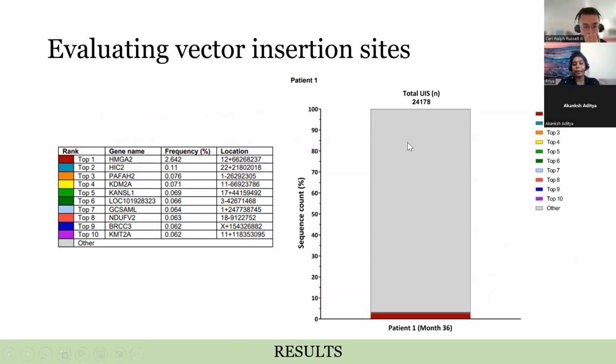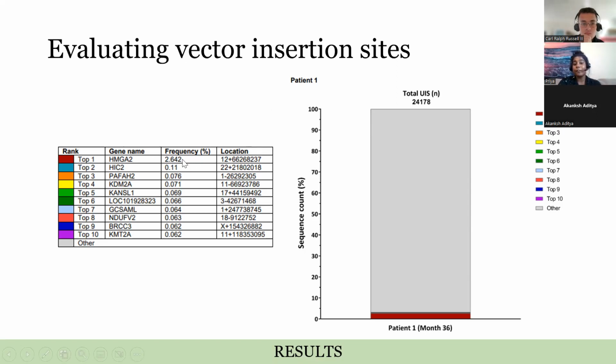Here's one example. In one of the patients, they have this list of the top 10 insertions. You can see the top frequency here is 2.6%, which essentially means that this vector inserted in this location that percent of the time in this patient.